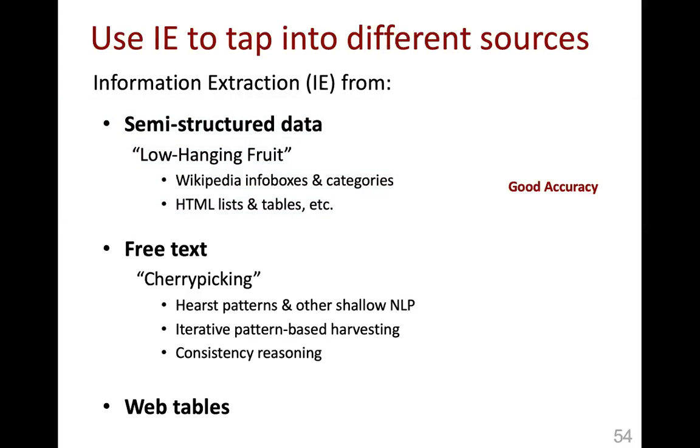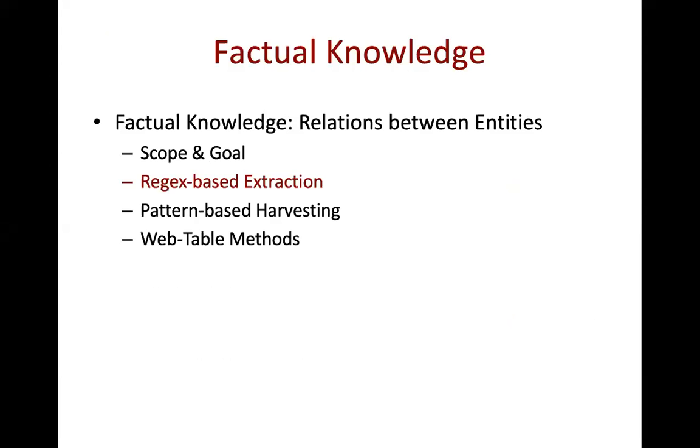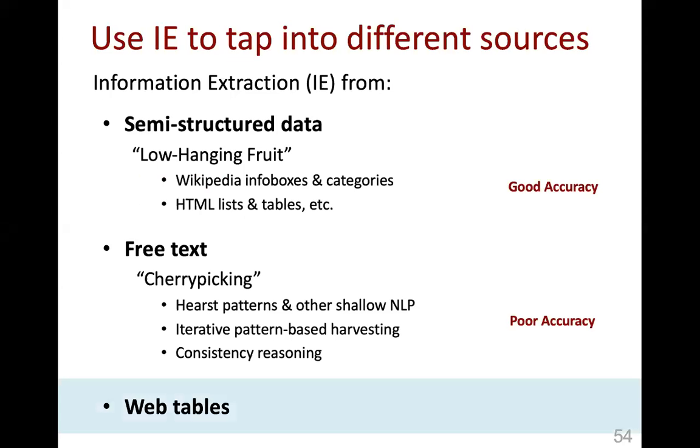So for semi-structured data linkage, we get good accuracy. For free text, of course, we get much poorer accuracy because there are more places where we can make mistakes when we cherry pick the particular keyword, and then also we can have a problem in linking this keyword to another one to combine the data. So we also have the web tables, right?